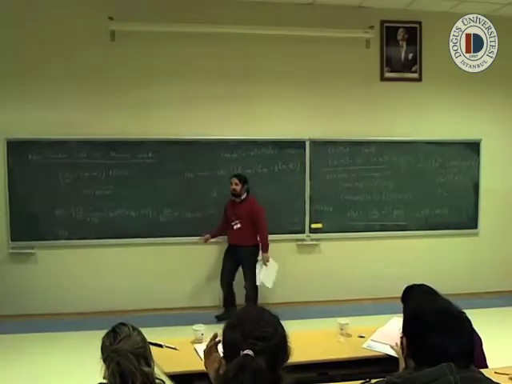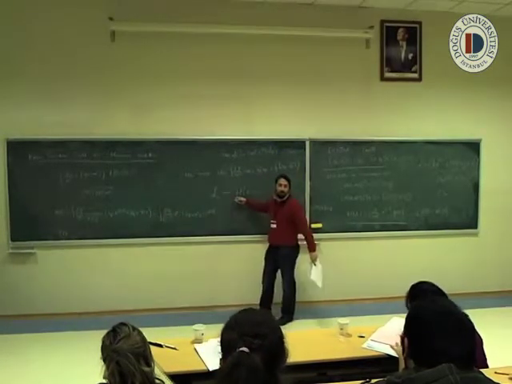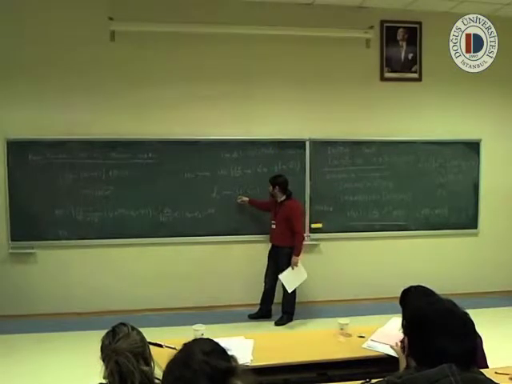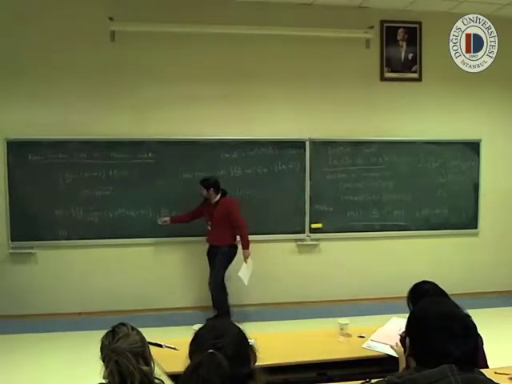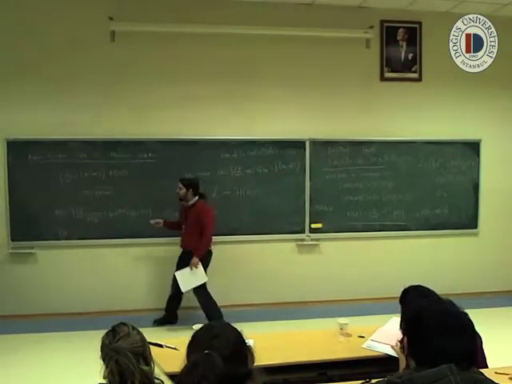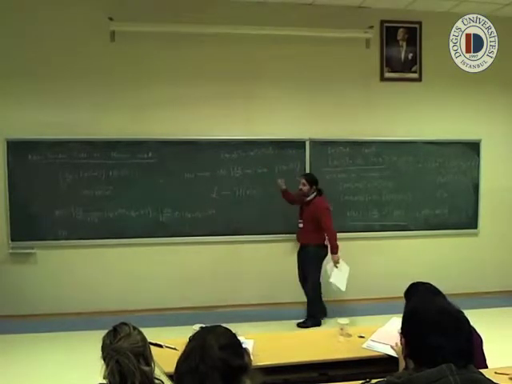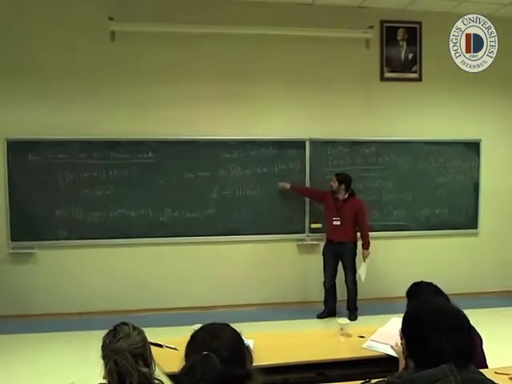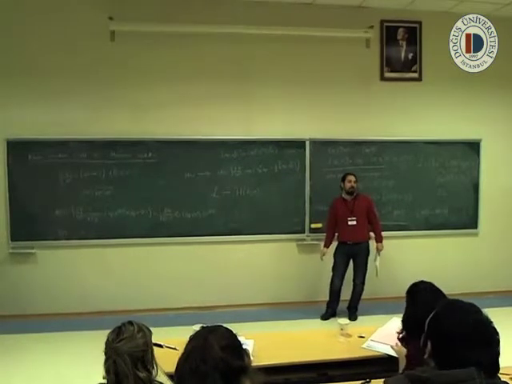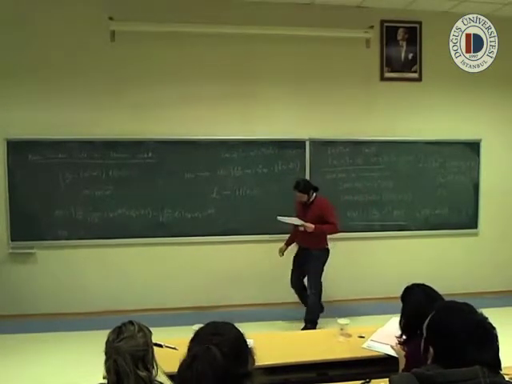So the task is to find the Hamiltonian density, which I already wrote on the board, plug in these decompositions, and manipulate using the commutation relations, whatever you need, to get the simple form. So that's the task. Okay?